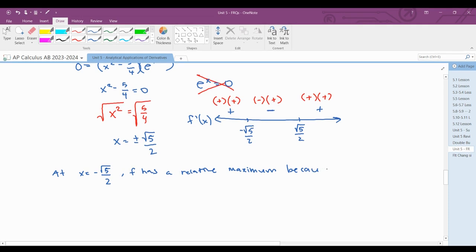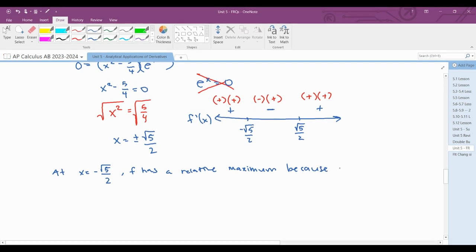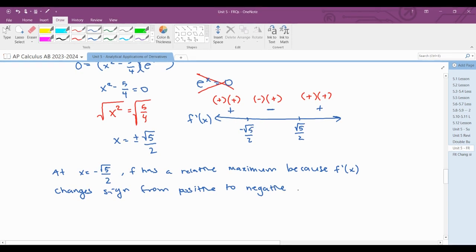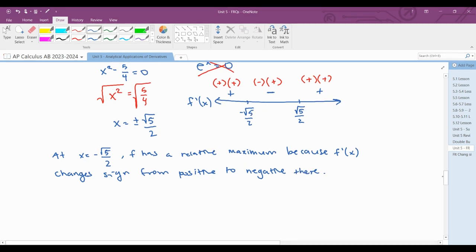And then make sure you put this with your justification or your explanation, because f prime of x changes sign from positive to negative. And then at that specific point, so you could say at x equals negative square root 5 over 2, or you can just say right there.